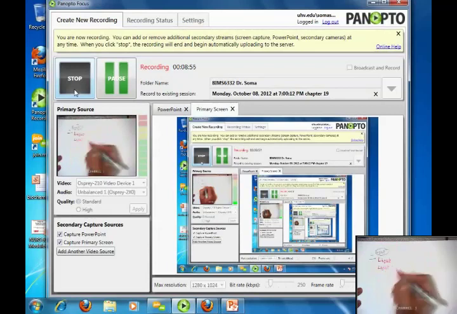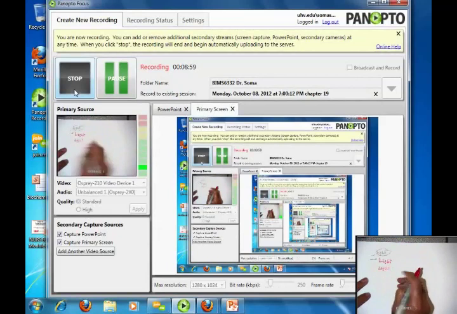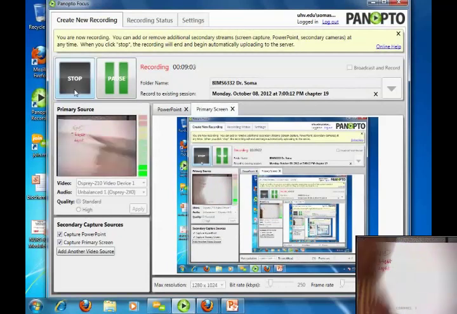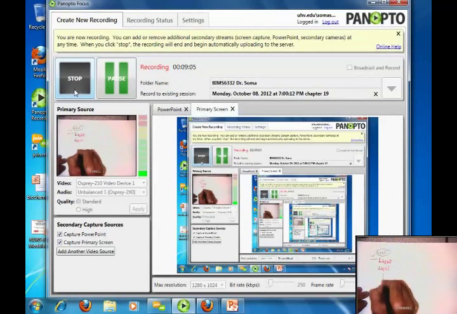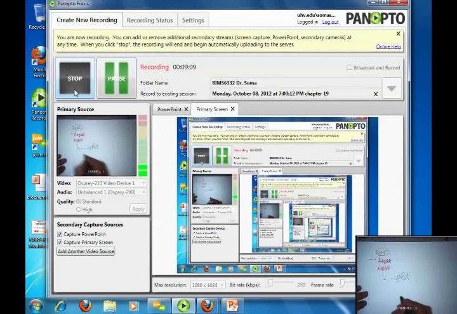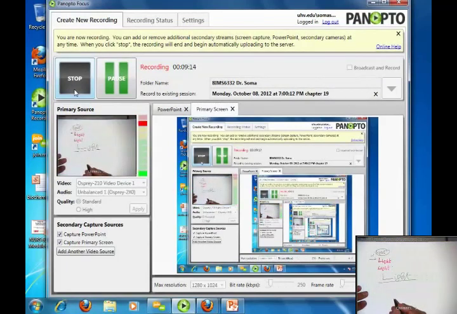L-I-G-H-T, light. I will write in large letters, if you can see. L-I-G-H-T. Could you see now, the larger font? Yes. Okay, so I will write large, then you can see it, not the small one.